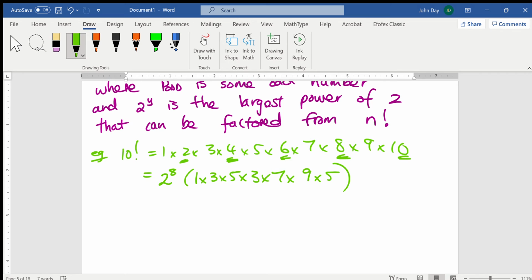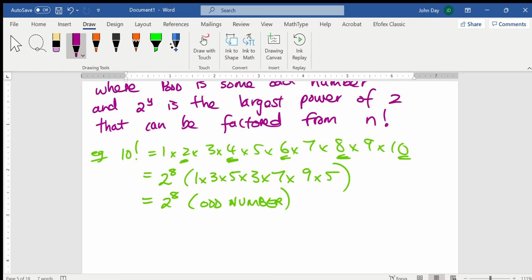It leaves you with that, which means you've got 2 to the 8 times some odd number. Doesn't matter what that odd number is, that's your p. And it doesn't matter that it's specifically 8 here, it's just some 2 to the y, where y is the biggest amount of evenness you can pull out. All right, so that's the first thing we need to establish.